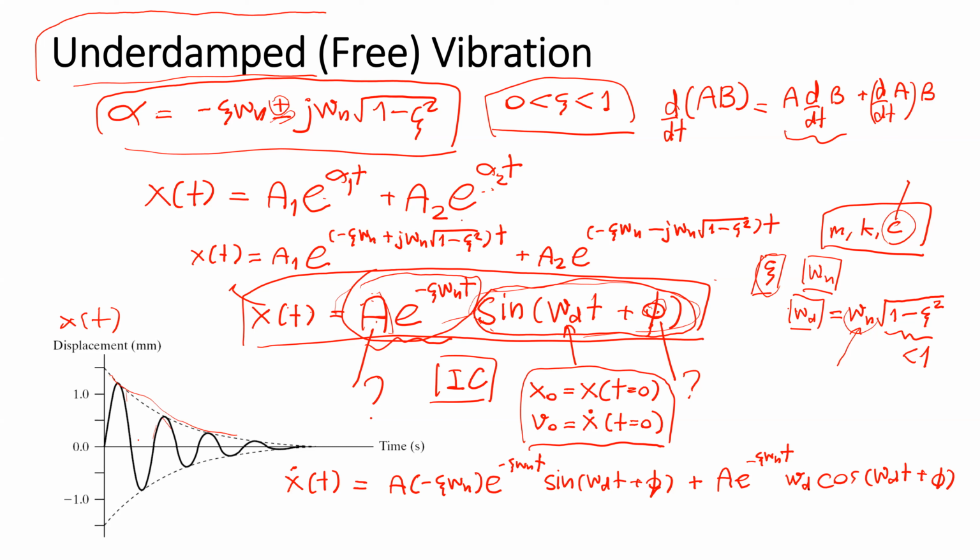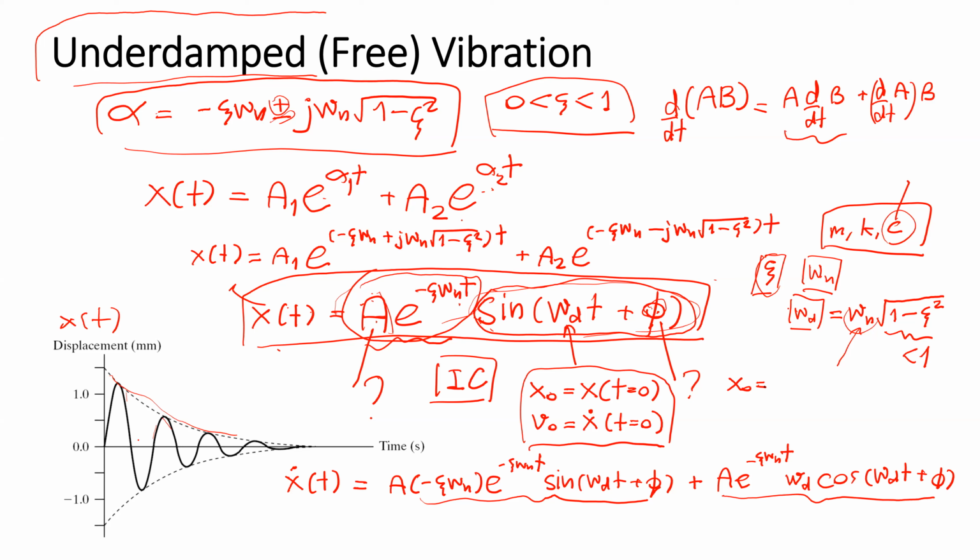So finally, the derivative of the solution can be written as a combination of these two terms. If we say x0 is x at t equal to 0, we check this equation for the first initial condition.